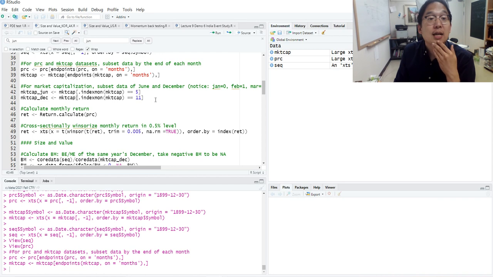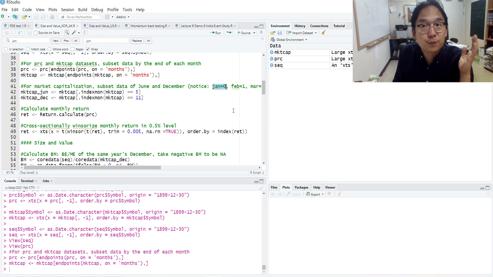So that's that. December, well, you notice that January month value is 0. This is computer starting with 0. If you're a user of Python, you must be familiar with this kind of starting with 0, right? If you're Europeans, you're comfortable with using this 0 as a starting base because the building level starts with 0 level and then 1, 2, 3, 4.